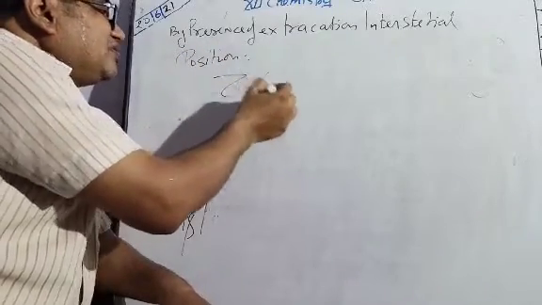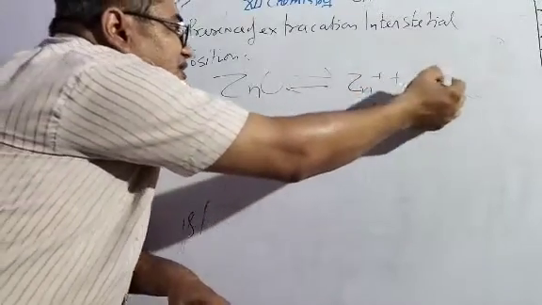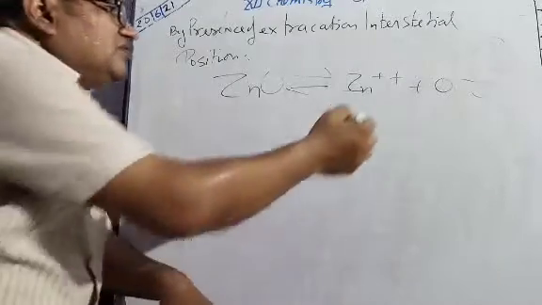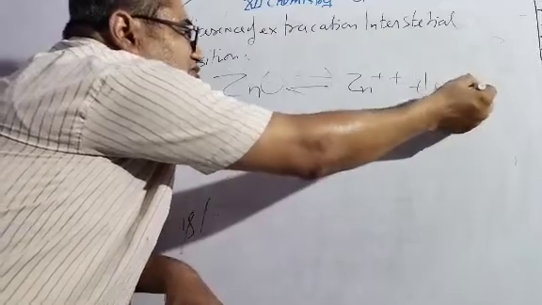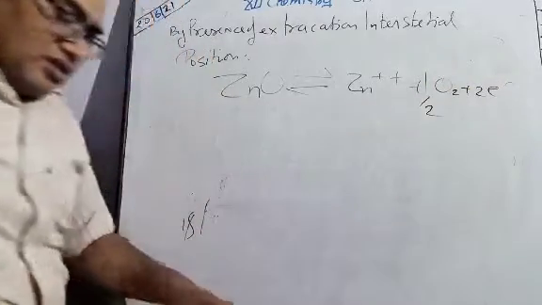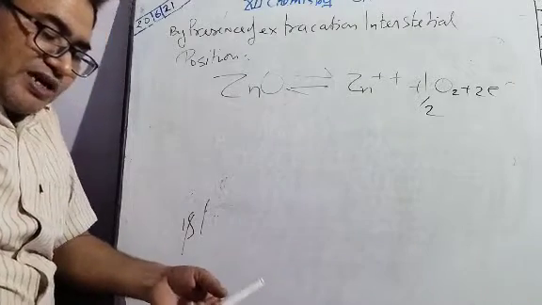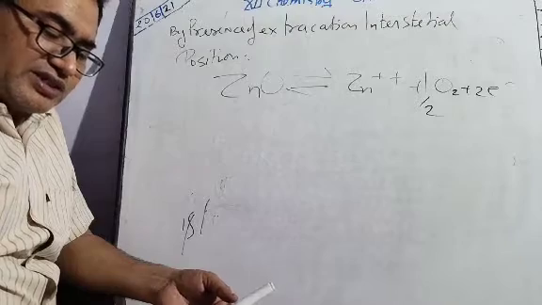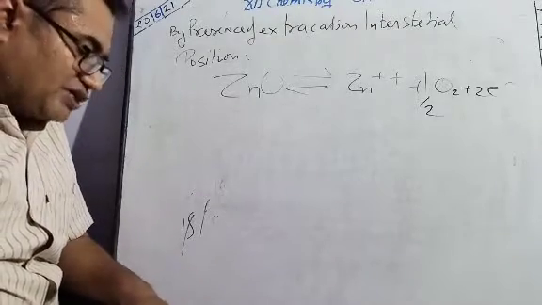For example, ZnO when heated converts into Zn2+ and O2- with 1/2 O2 and 2 electrons. So this kind of defect is called the presence of extra cation at the interstitial site. This is found in zinc oxide.